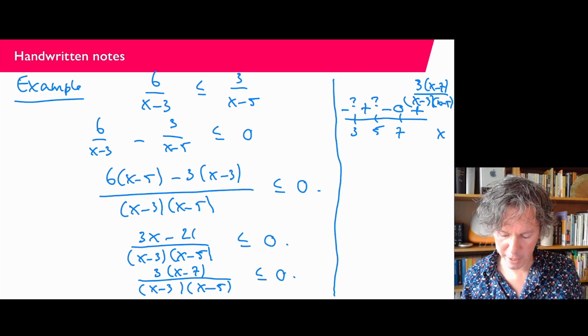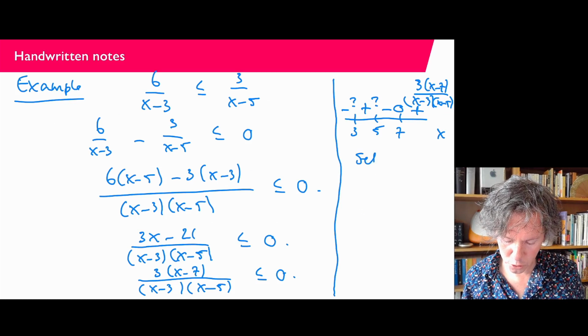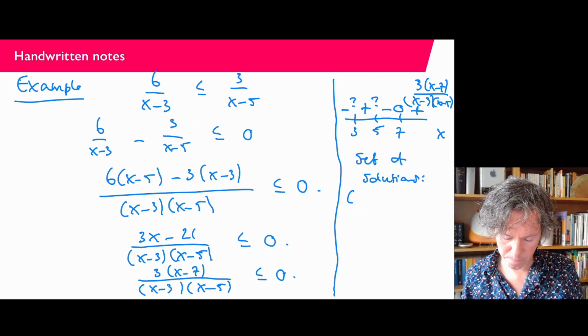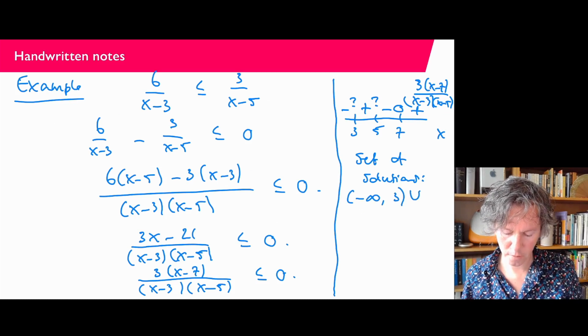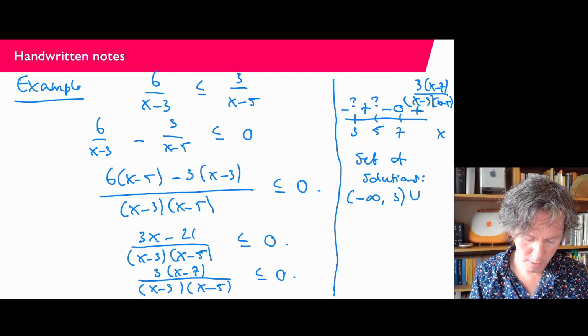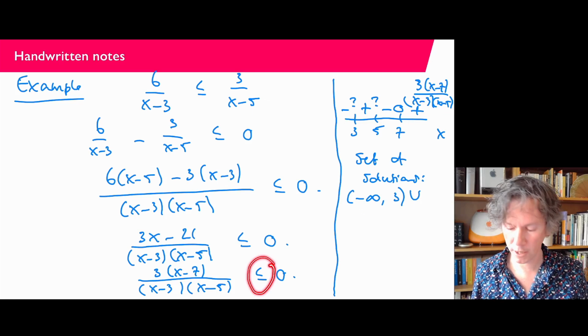So we can immediately see that the set of solutions I have is either minus infinity to 3, and 3 is not included, union with the interval from 5 to 7, and I have less or equal, so equal to 0 is also allowed.